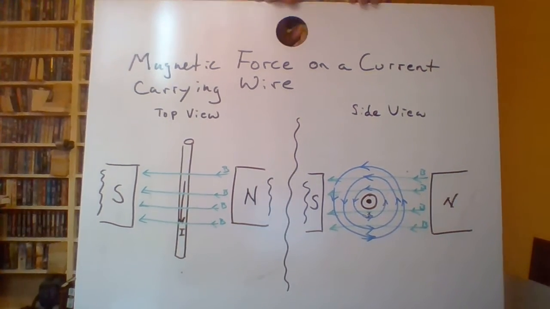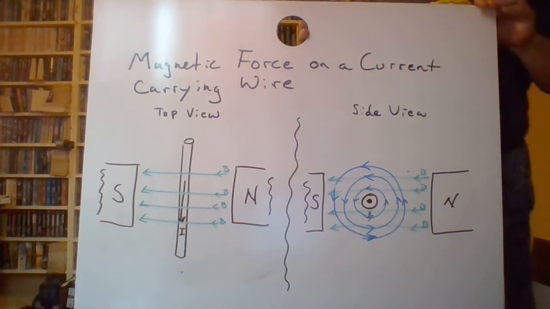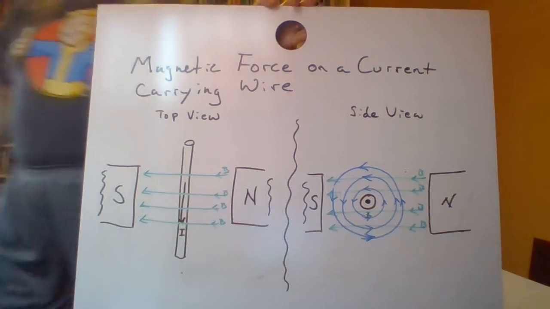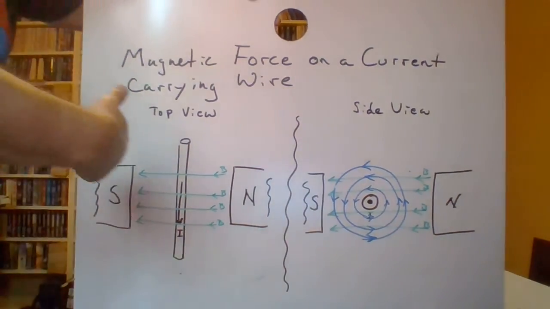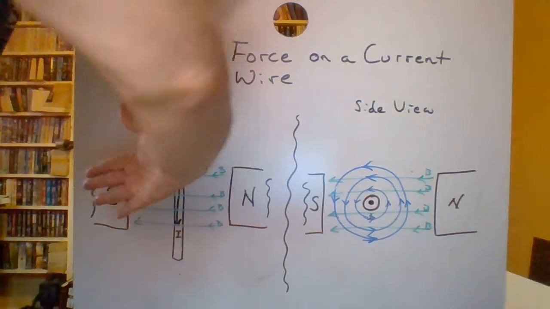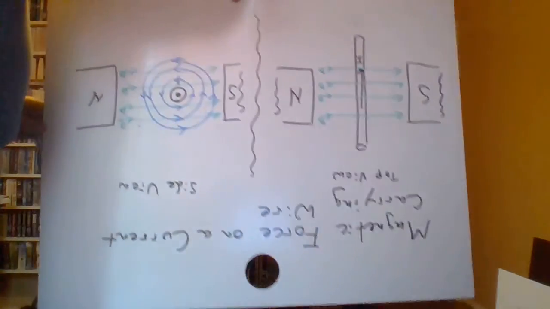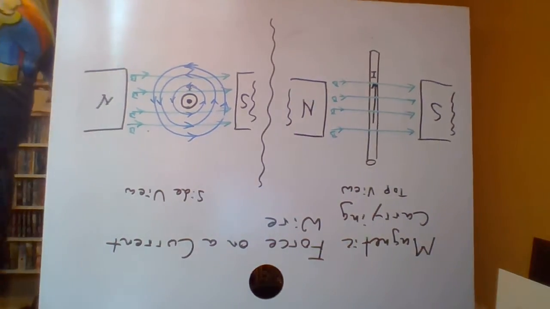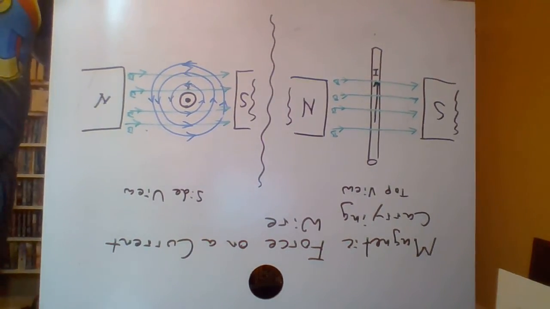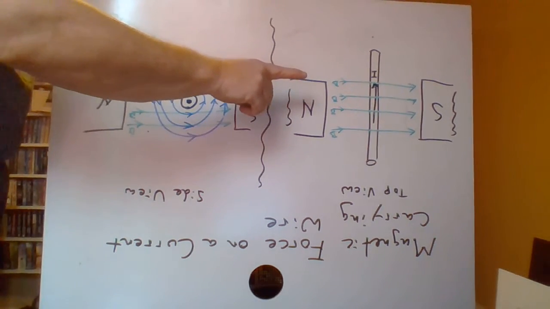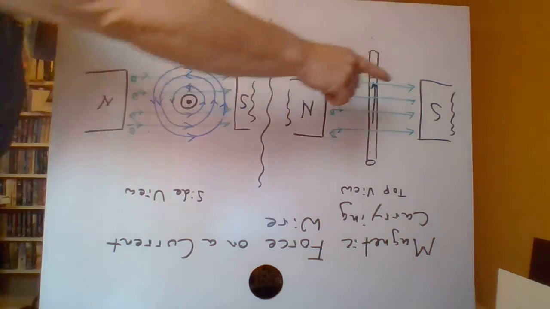If I look at this, the magnetic field is going from north to south. So I'd have to put my hand, oh, this is really awkward. I'm going to turn this over. Okay? So it's not so awkward anymore. So over here, the magnetic field is going from north to south.